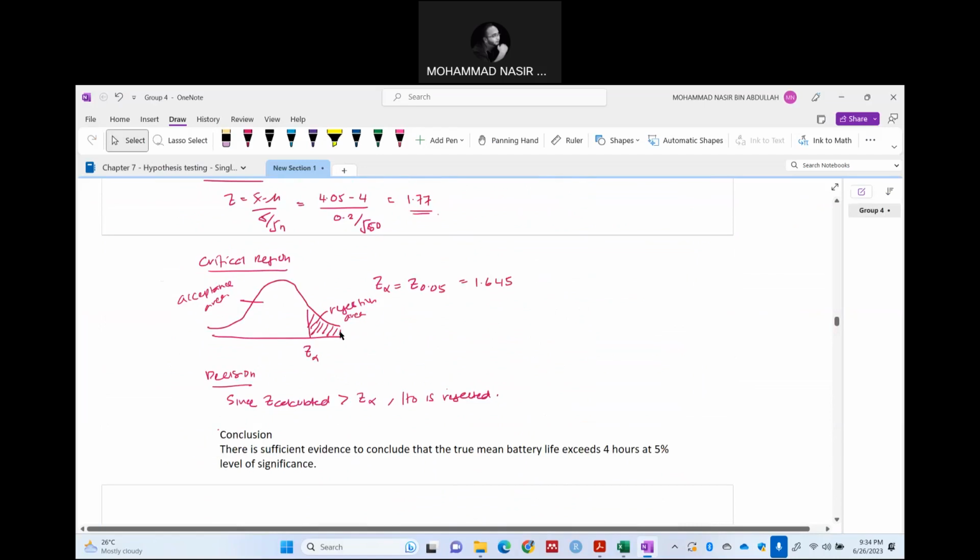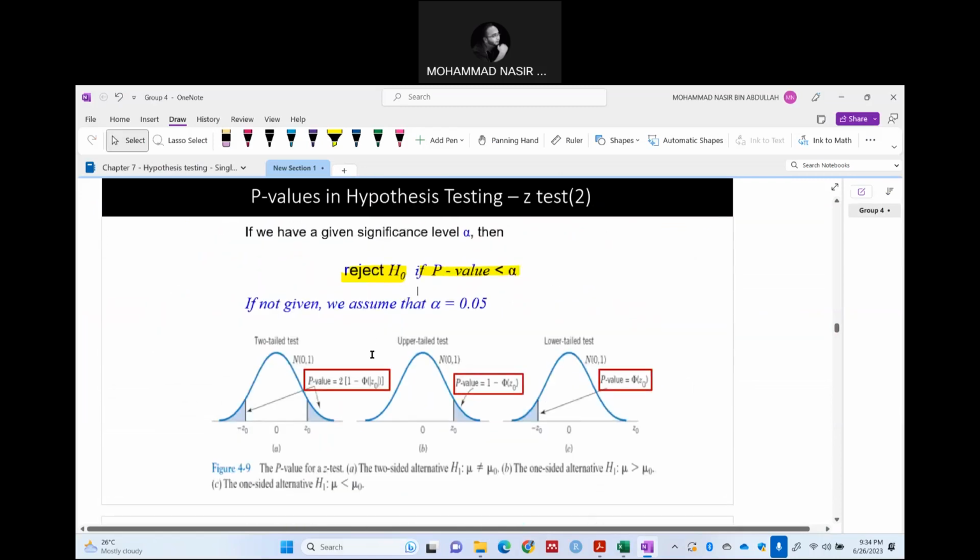If the Z calculated lies inside the rejection region, we reject the null hypothesis. But for the p-value, this is the standard decision rule. If the p-value is less than alpha, we reject the null hypothesis. If the p-value is more than alpha, we accept the null hypothesis.